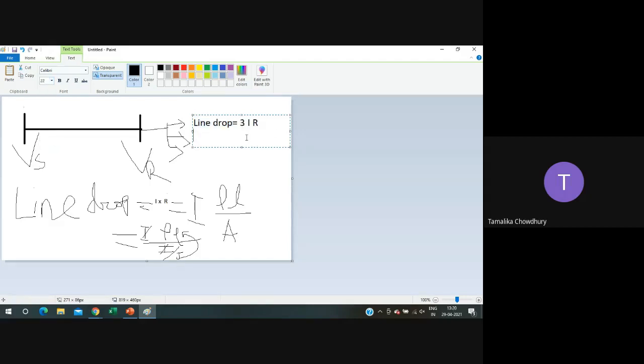So line drop is equal to 3 into IR for the three phases. That becomes equal to 3 into the value of IR we just found, which is rho LJ.